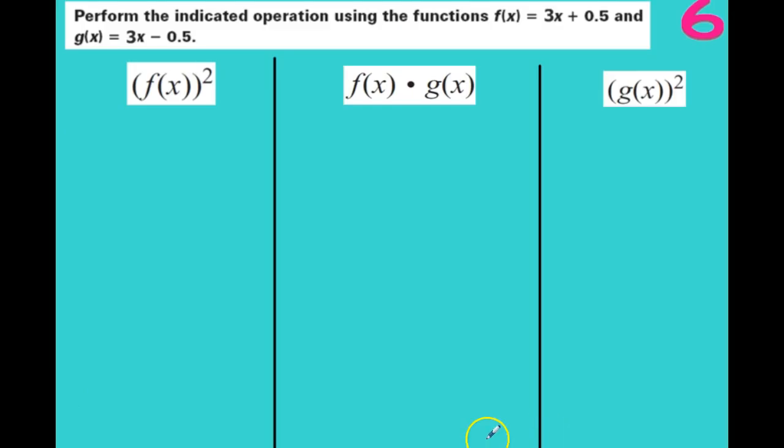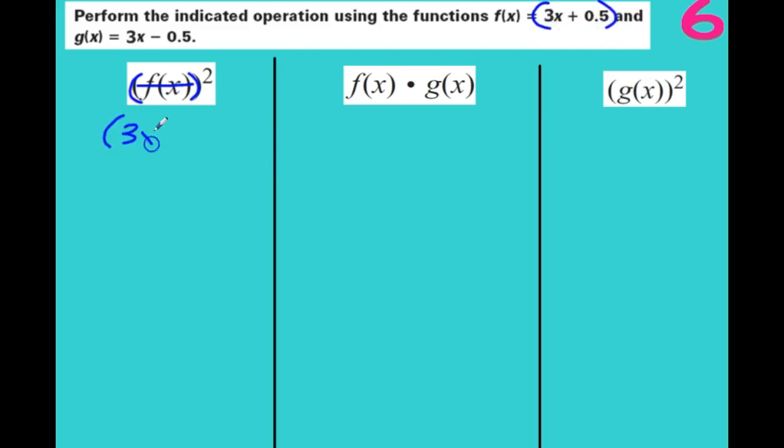Alright, these last few questions are exactly the same as some we've already done. They just look a little bit different. So it says perform the indicated operation using the functions f of x equals 3x plus 0.5 and g of x is 3x minus 0.5. So here in parentheses I have f of x. Well, what is f of x? I'm going to take this out and I'm going to really plug in this piece.